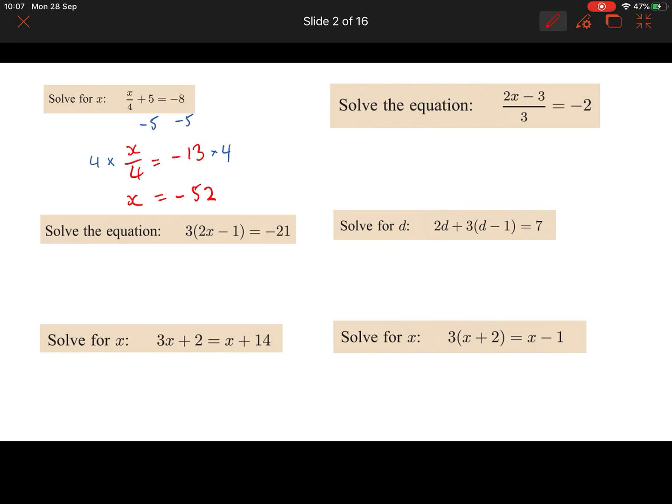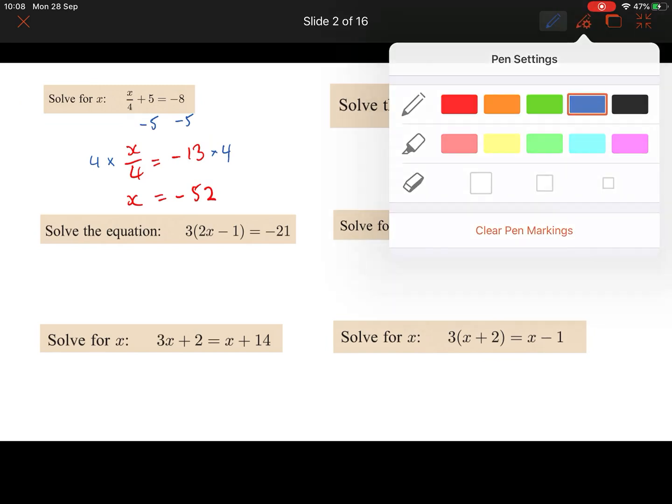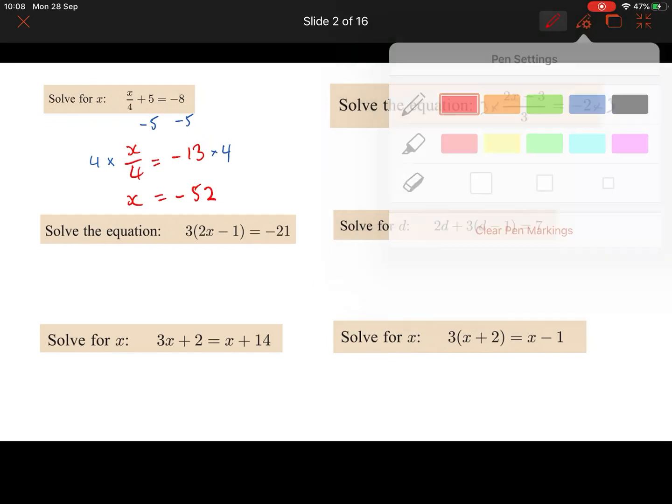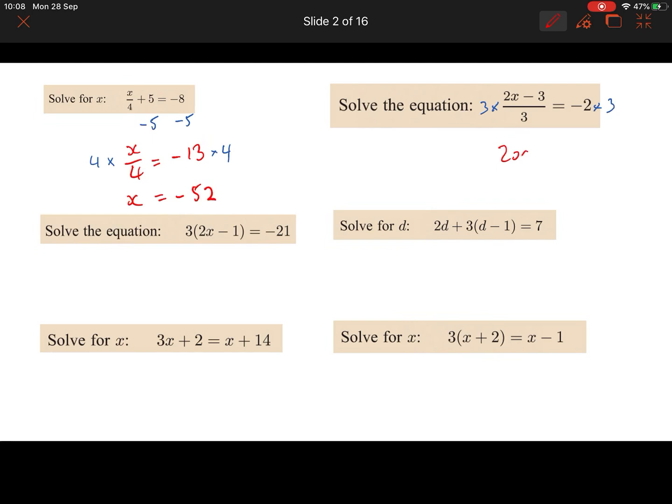The second one is slightly different, and what you're going to need to do is get rid of the division before the subtraction. So you're going to times both sides of the equation by 3, and you're going to get 2x minus 3 equals negative 6. Now it becomes easy. 2x equals, add 3 to both sides, minus 3.